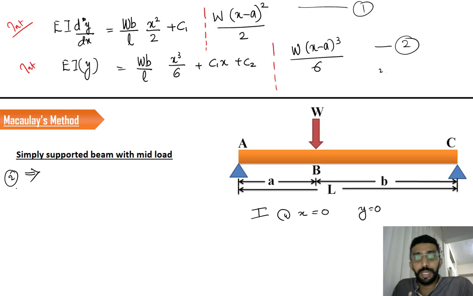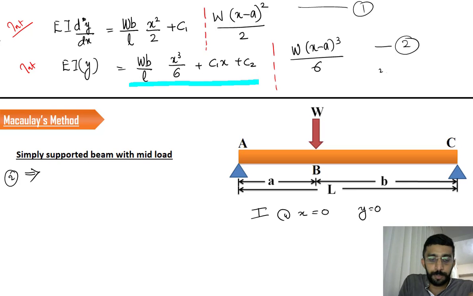Here is another thing you have to note. When you apply a boundary condition, you have to use the term that corresponds to the location of the boundary condition. Here x equal to 0 is exactly at A, which means it is lying in the section AB. I told you previously that if you want to find something related to a section, use the corresponding terms only. Here, the term that corresponds to AB is this one.